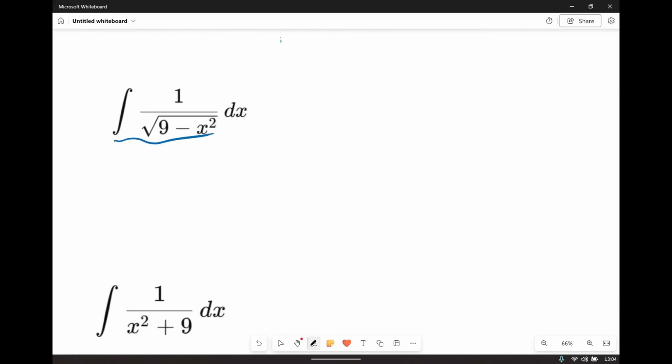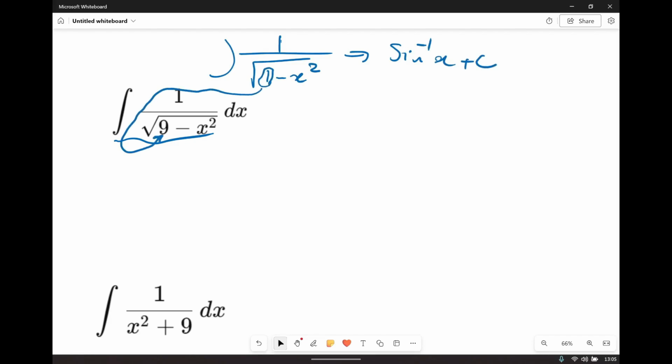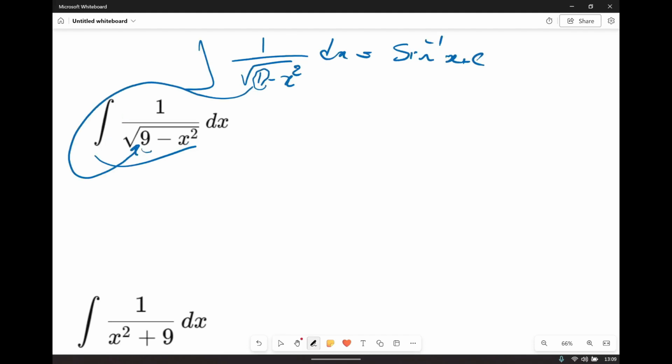Okay, previously I told you that for 1 over the radical of 1 minus x^2, the integral is sine inverse x plus c. Yes, but it is not always 1. For example, here it is 9. How must we calculate this? At first, we factor this number and take it out of the radical, and after that we start to calculate. Therefore that is 1 dx divided by 3 times the radical of 1 minus x^2/9.